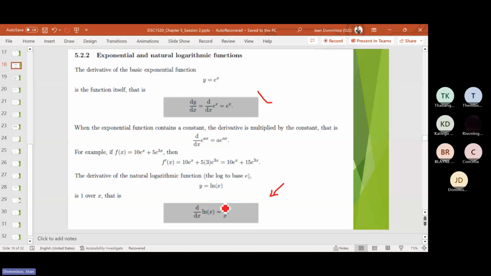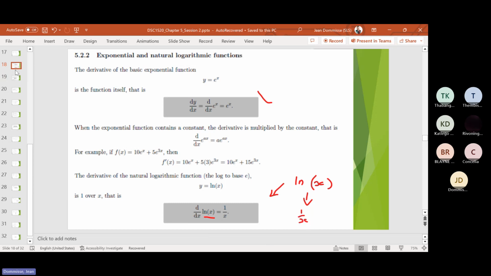So what happens with the log function is that if we have ln x, it will become 1 over x.